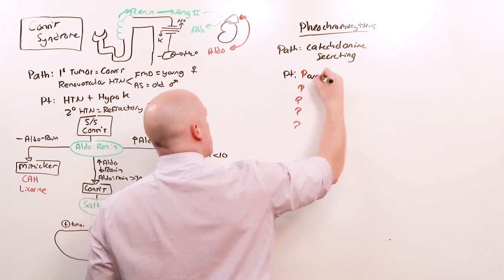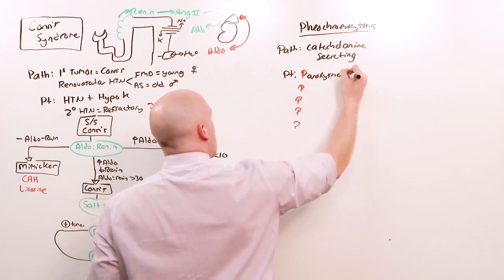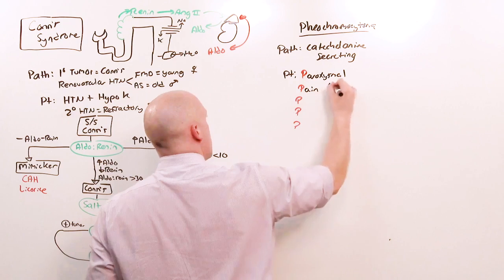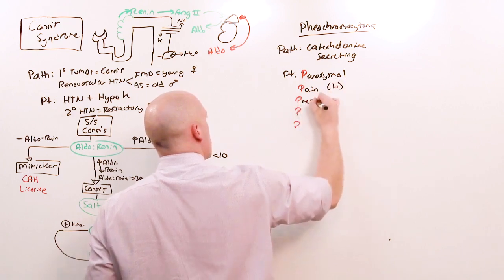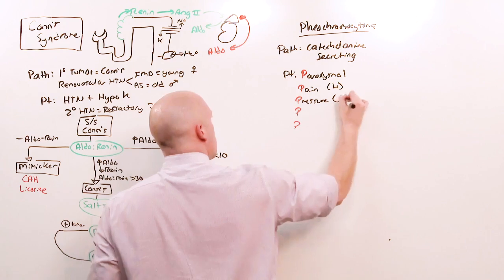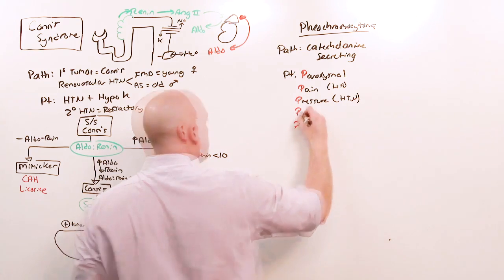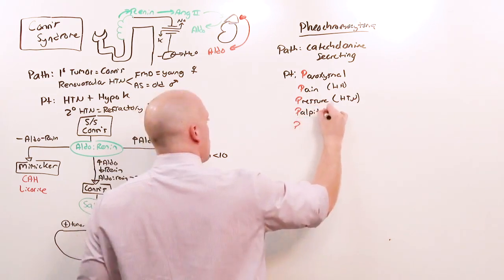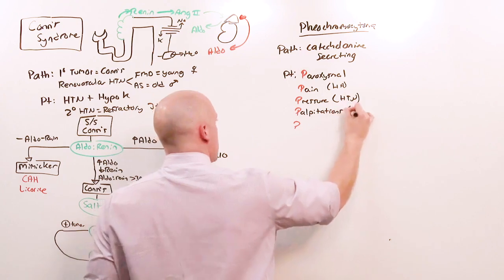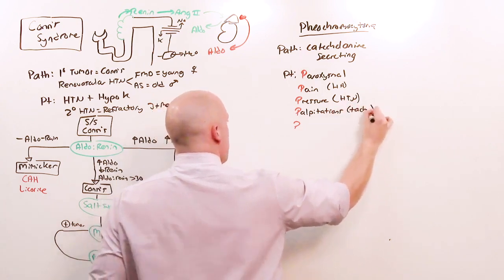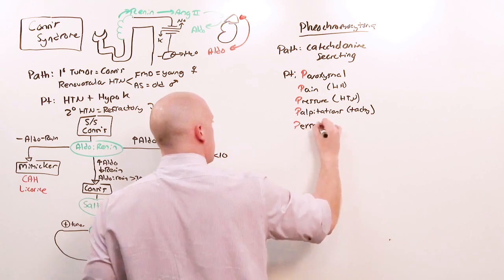It'll be paroxysmal pain, that is headache, pressure, hypertension, palpitations, that's tachycardia, and perspiration.